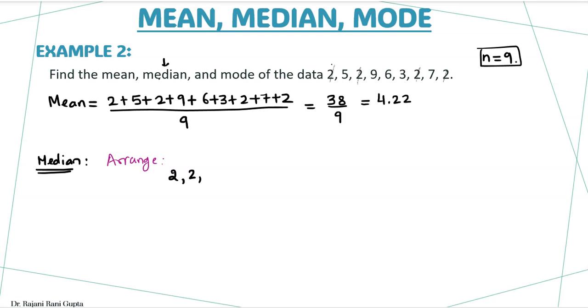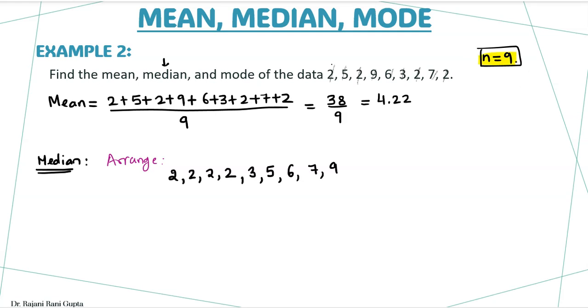Next number is 3. It's coming only one time. Okay. Next is 5. After that, we have 6, then we have 7, and then we have 9. So here n is 9.